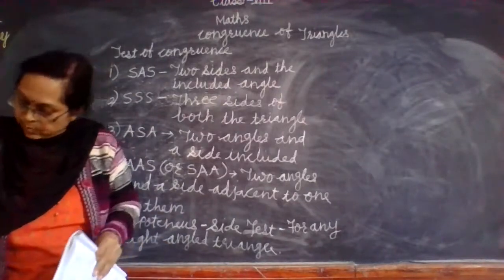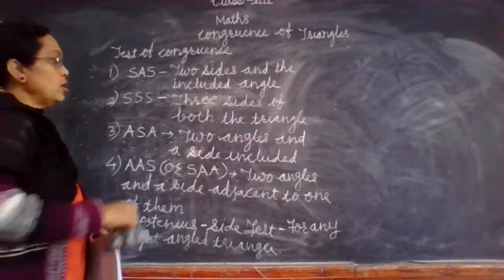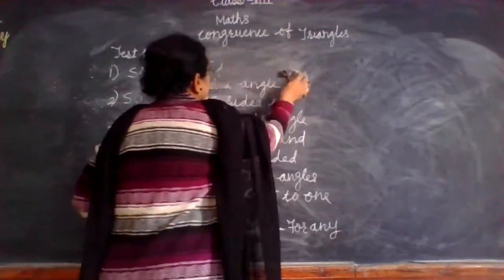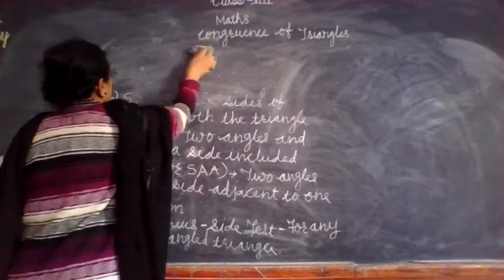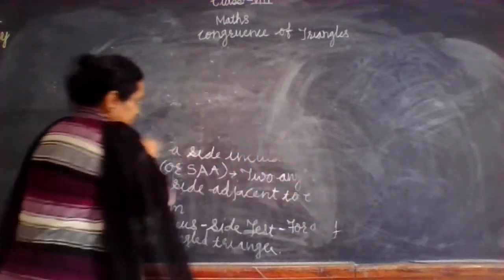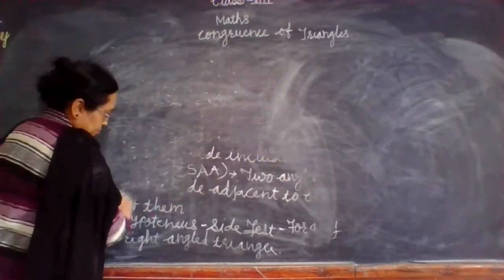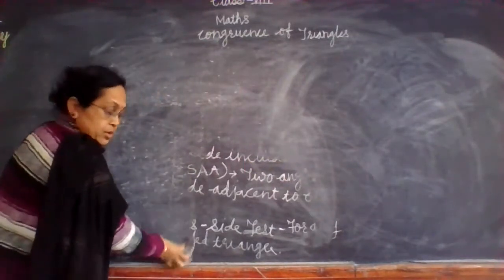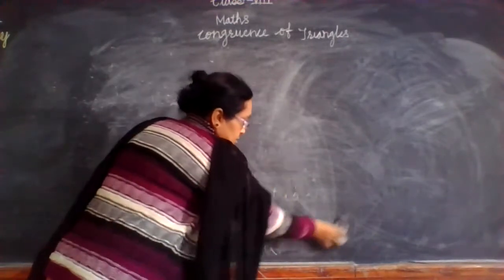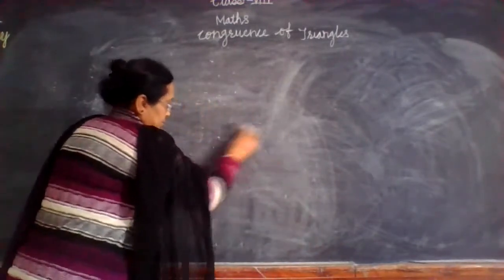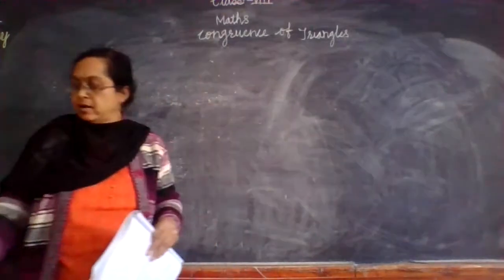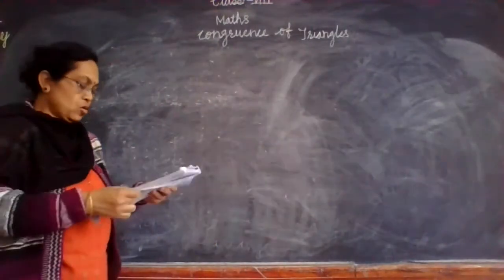Now let us see some examples of how to solve using these tests of congruence. Now here some figures are given and we want to check by which test the two triangles are congruent.